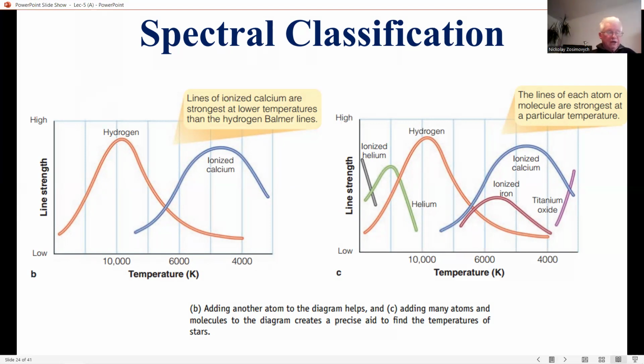If you learn to recognize the pattern of spectral lines produced by a 6000 Kelvin star, for instance, you need not use figure C every time you see that kind of spectrum. You can save time by classifying stellar spectra rather than analyzing each one individually.